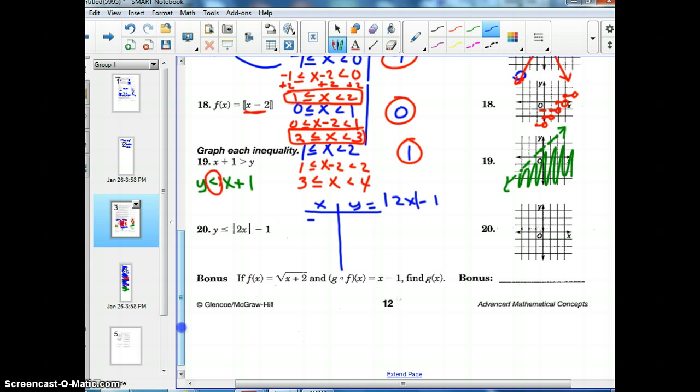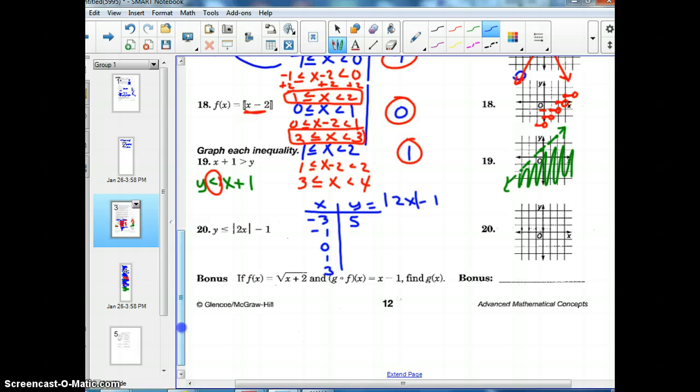And pick some positives and negatives. I'm going to do like -3, -1, 0, 1, and 3 again. And then have my corresponding output. If I put -3 in for x, that's going to be 2 times -3, so you do what's inside the absolute value first, -6. The absolute value of -6 is 6, and 6 minus 1 is 5.